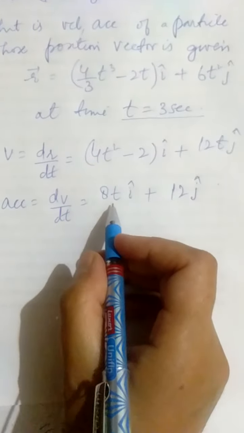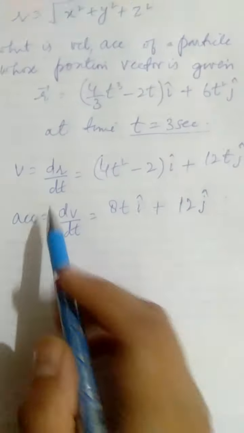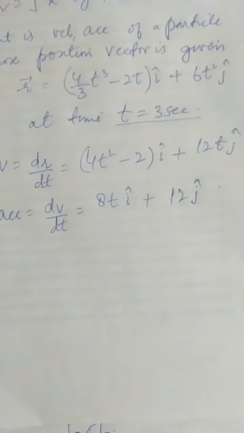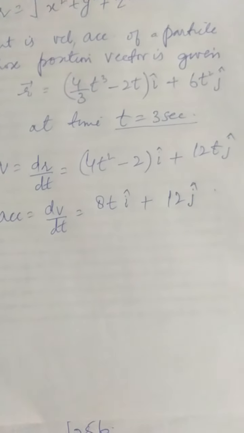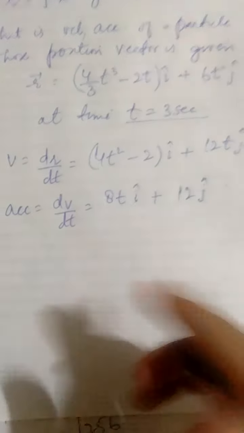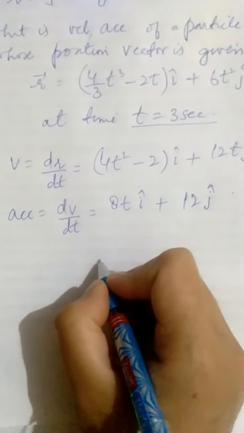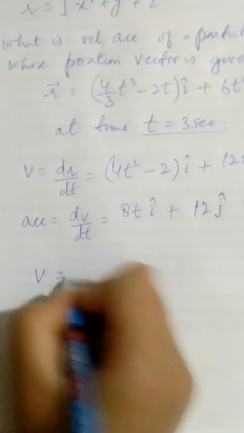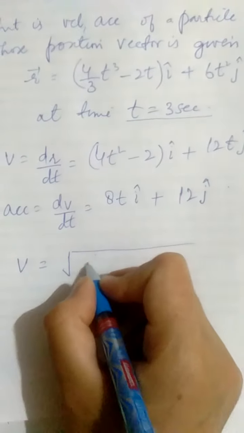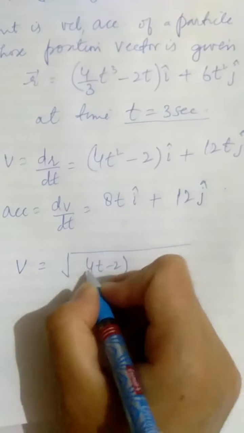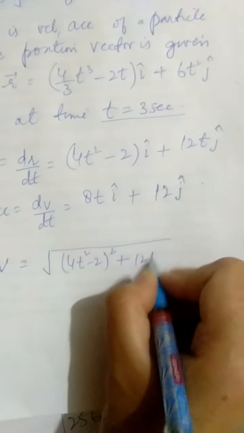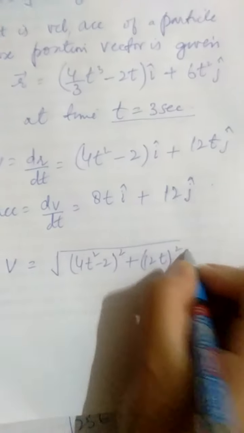Now once you are asked to find the value of this acceleration at time t equal to 3 seconds, what do you do? You basically take the root component as well, right? So velocity, its magnitude is how much? Obviously it is the square root of (4t square minus 2) square plus (12t) square, because it is the magnitude only now.